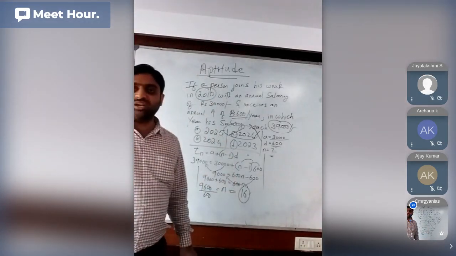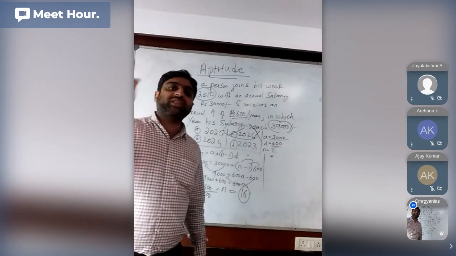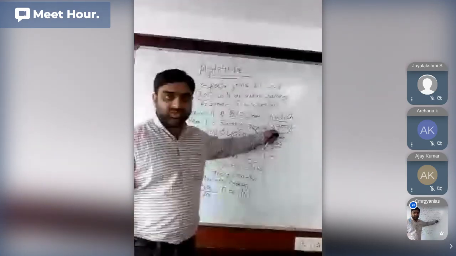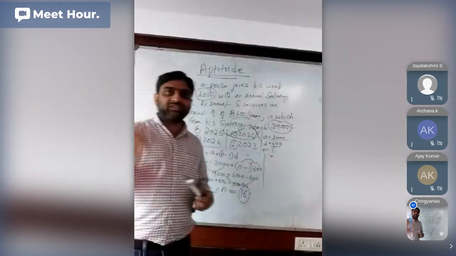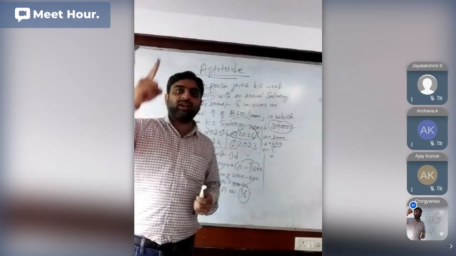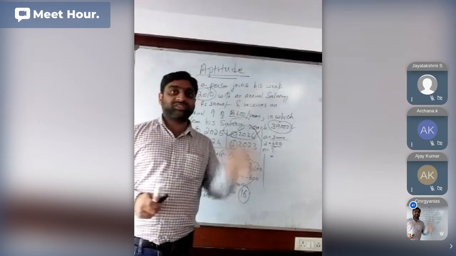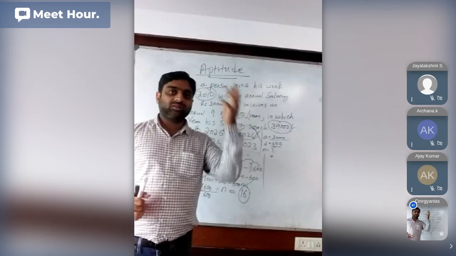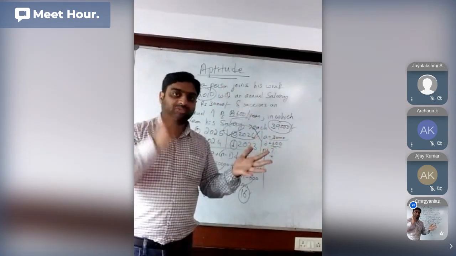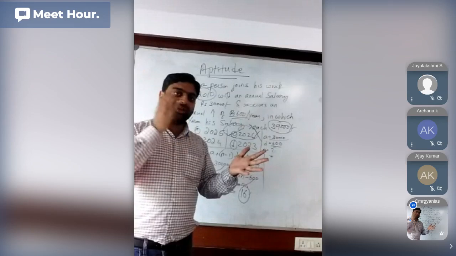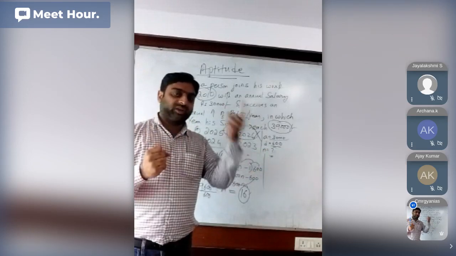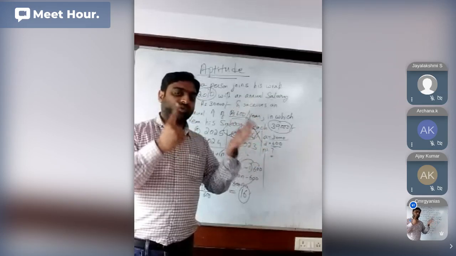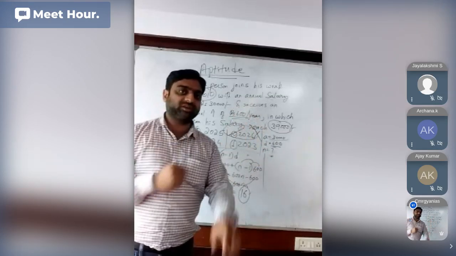N equal to 16 means it is the 16th year he will reach the salary of 9,000. So the first year is 2010, so you should calculate 2010 also. So 16th year: 2010, 11, 12, 13, 14, 15, 16, 17, 18, 19, 20, 21, 22, 23, 24 and 25. 2025 is the 16th year.